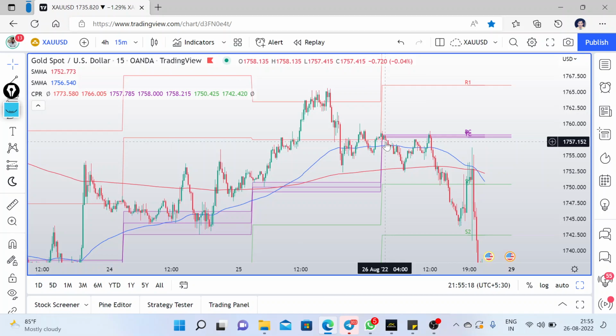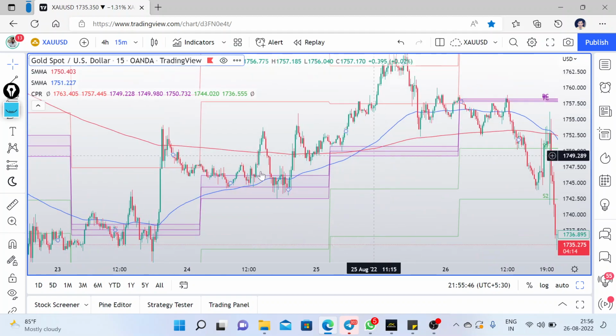So on these days you can say you have to avoid trading with this method. But as you can see, our trend is not able to break out of the CPR level, so we do not have to look for the buy, because for a buy you have to remember that if the candle is closing above CPR and not closing below, this indicates that this is a buy trend.